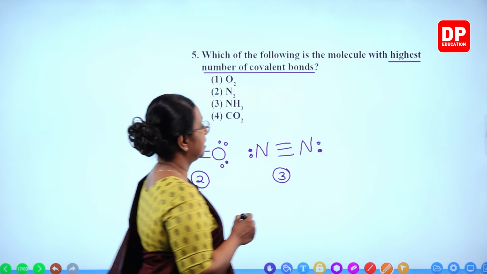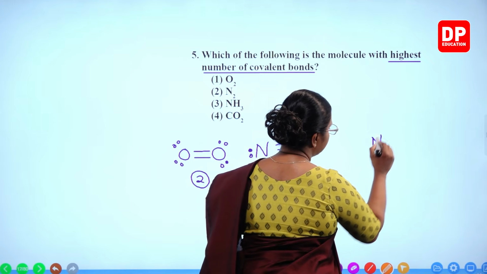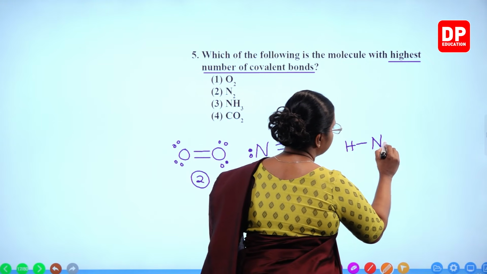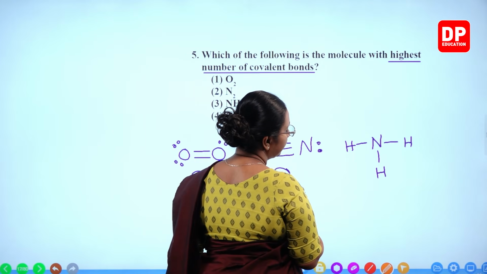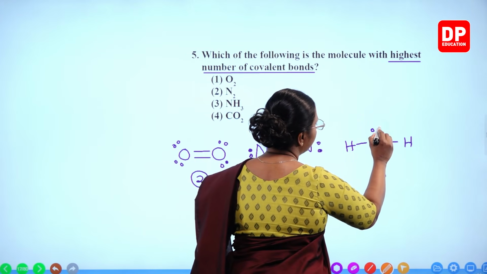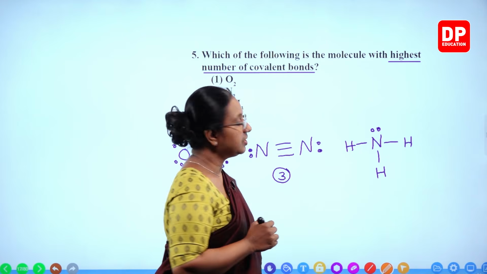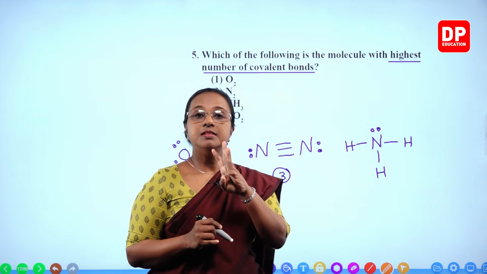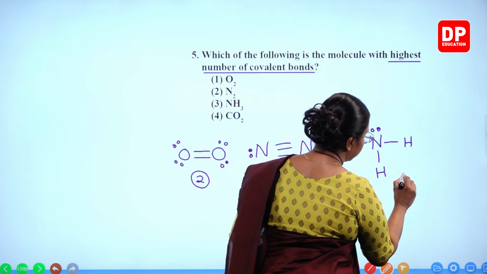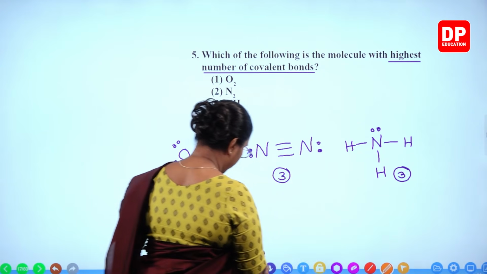How about ammonia? Ammonia, you have nitrogen in the middle, 3 hydrogen atoms with an NH single bond and a lone pair of electrons on nitrogen. So how many bonds are there? There are 3 covalent bonds. Here there are 3 covalent bonds.